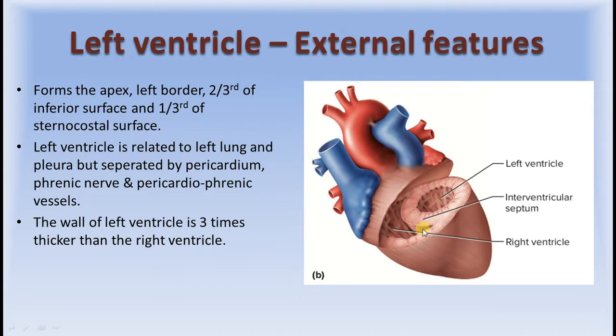You are able to see the deviation of the ventricular septum into the right ventricle. That is why the right ventricle has a semilunar cavity, whereas the left ventricle is circular.